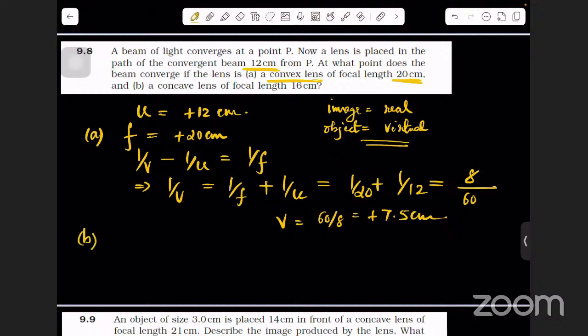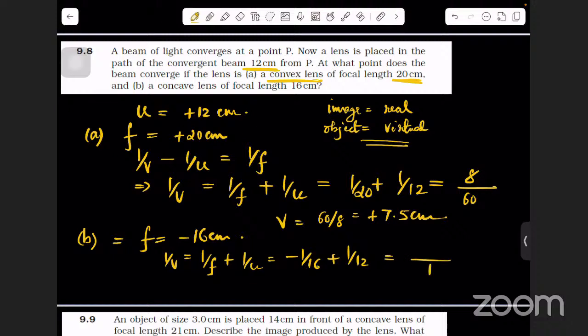Now the second case, the concave lens. A concave lens would have a negative focal length, minus 16 centimeters. So again, we apply 1 upon V equals 1 upon f plus 1 upon u: minus 1 upon 16 plus 1 upon 12, that is minus 3 plus 4 over 48.